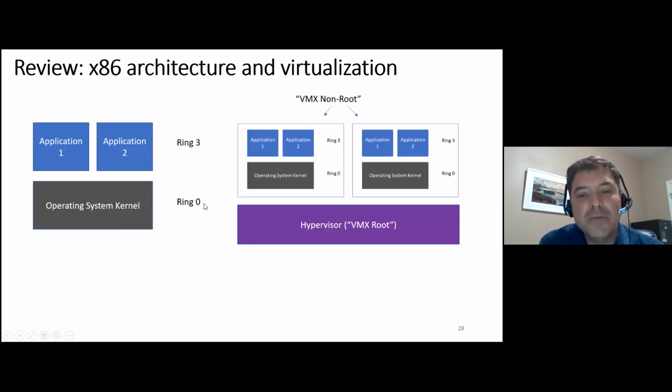Now, if we add virtualization to this, we can take this kernel and applications and throw them into a virtual machine. And we can create another one too, and we can have a hypervisor below it to manage the whole thing. The hypervisor is called the VMX root, and the virtual machines are the VMX non-root, the less privileged from a virtualization perspective.